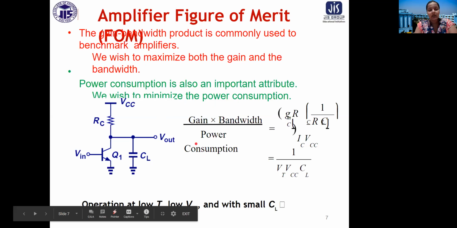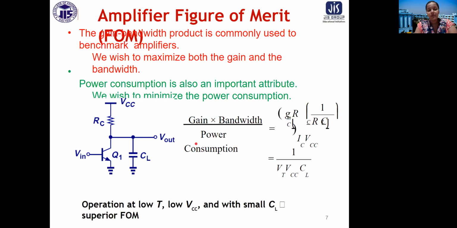Operation at low time period, low VCC with small CL will give superior FOM, that is amplifier figure of merit. This is a particular quantity that describes whether this amplifier is suitable for this operation, whether this amplifier can provide us a particular gain or not.